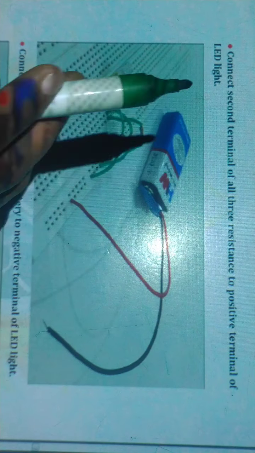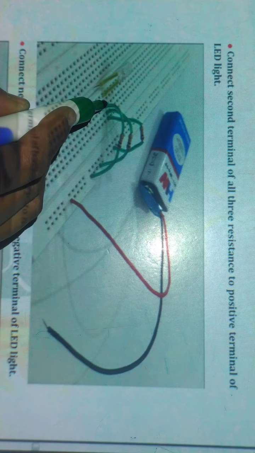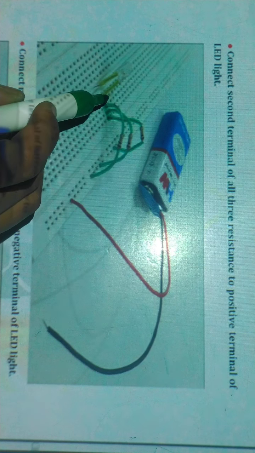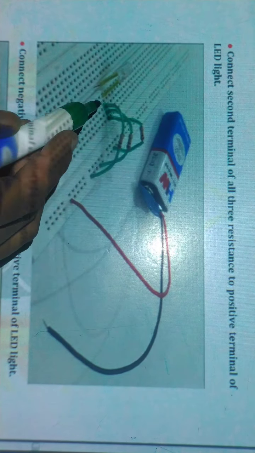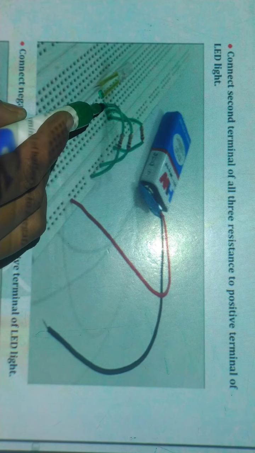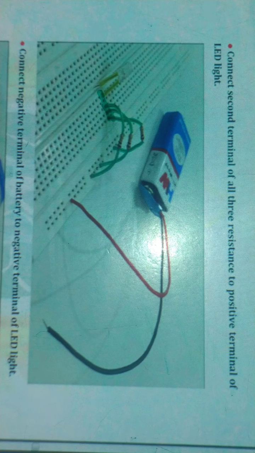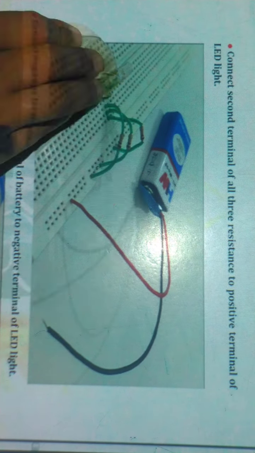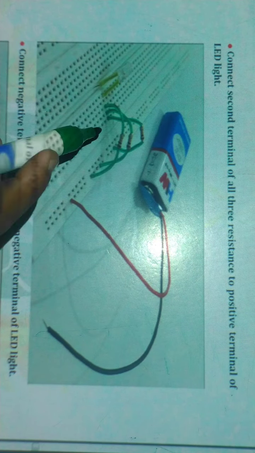Let us move towards our next procedure. Connect the second terminal of all three resistances to the positive terminal of the LED light. Okay, so the second terminals of all three resistances and the positive terminal of the LED light are connected together in the same row. Clear? See your circuit diagram. Okay, connected like this.